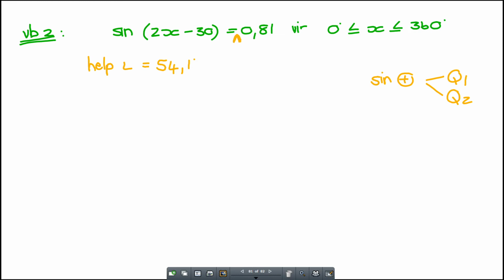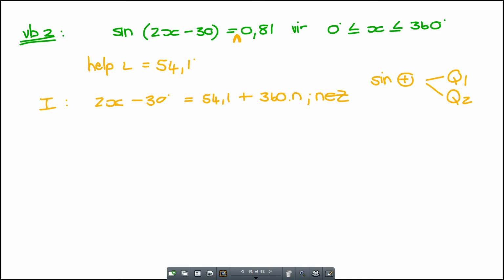Nee. Okay. So kom ons gaan kyk gou. In quadrant 1. Gewoonlik het ons gesê theta is gelyk aan, but now we're going to say 2x minus 30 is equal to, and my help angle is all we use in the first quadrant, so 54,1 plus 360 times n, en onthou jy moet vir my sê, n is 'n element van heelgetalle.